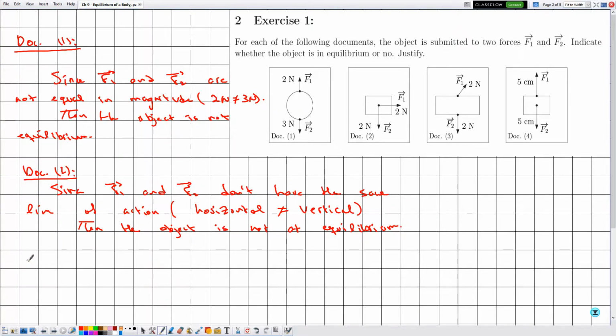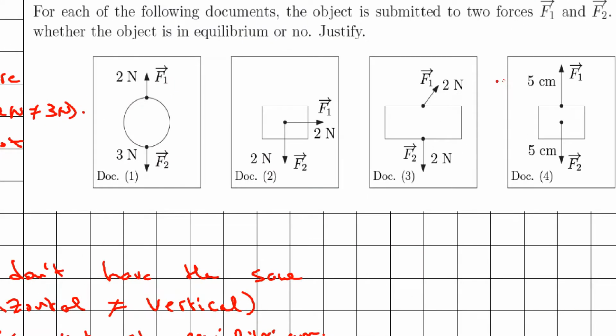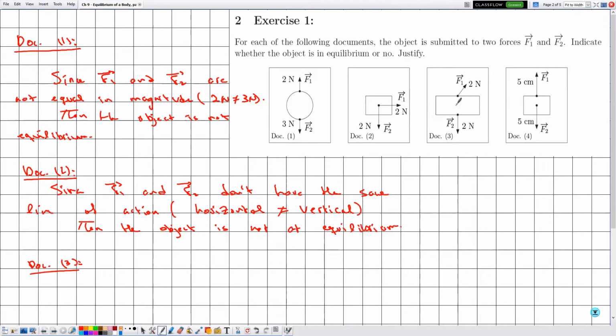Now as for document 3, notice that in this case also both forces don't have the same line of action. This one is oblique whereas this one is vertical, so the object is not at equilibrium.